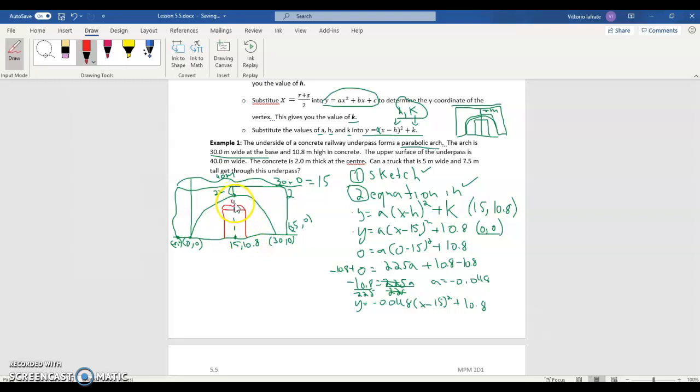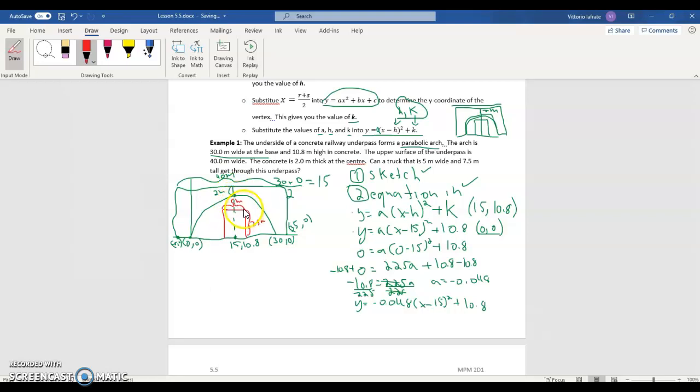And remember, the truck has dimensions of 5 meters wide and 7.5 meters tall. So we want to see if the truck will fit through. We know if it's going through the middle part, the truck will go through just fine, but look at the sides here.